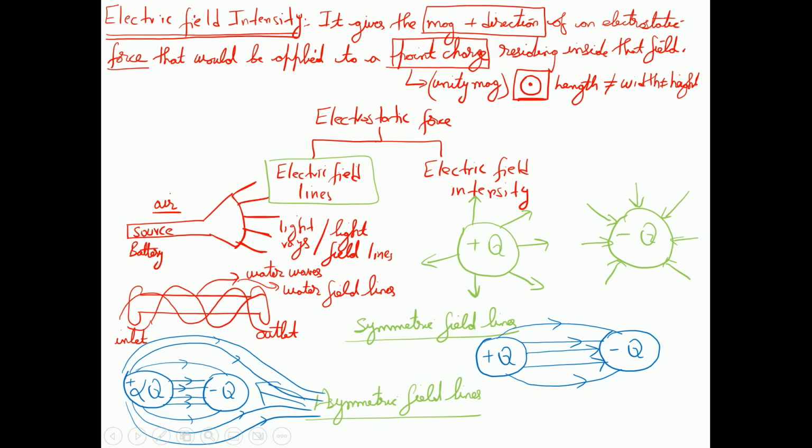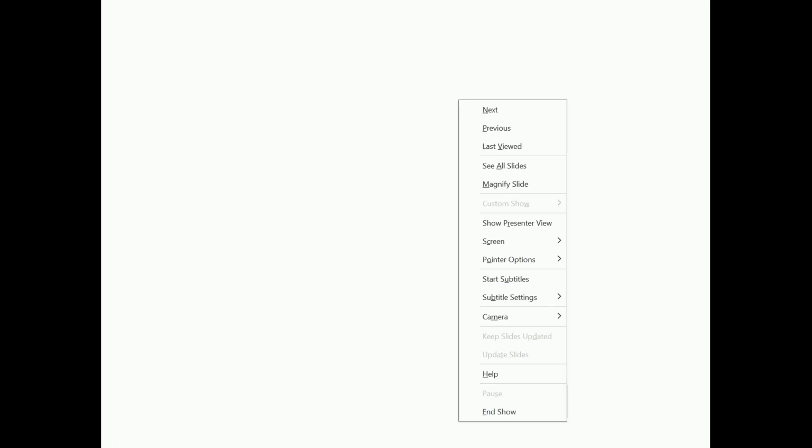Now let's talk about why we have electric field intensity. For the electric field intensity, let us consider the same charges with the same magnitude, and we know that the field lines are moving as such.